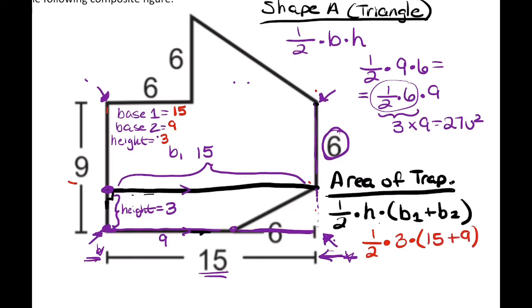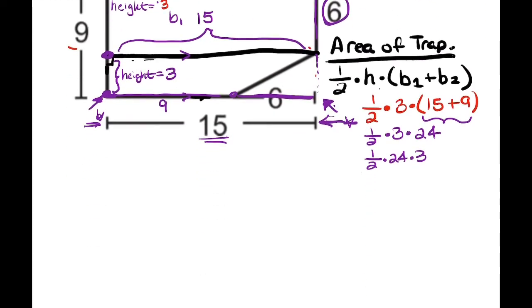And then I'm going to use order of operations here to solve that. These come first. So you're going to do 1/2 times 3 times 24. Then I'm going to do 24 times 3. Now 1/2 times 24 is 12, and 12 times 3 is 36.